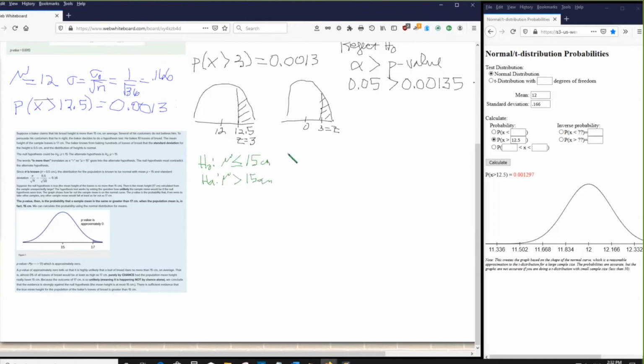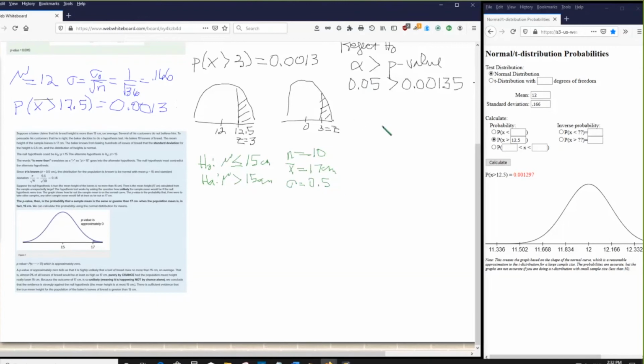We're given a sample size of 10 loaves of bread. The sample mean came out to be 17 centimeters, and we have a standard deviation of 0.5. It's a normal distribution.